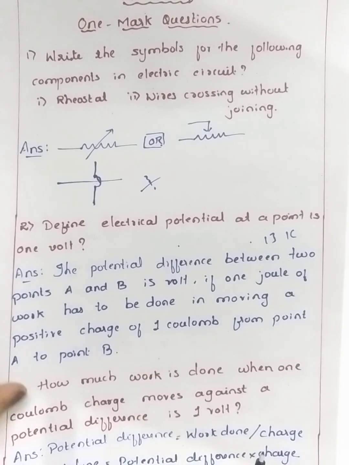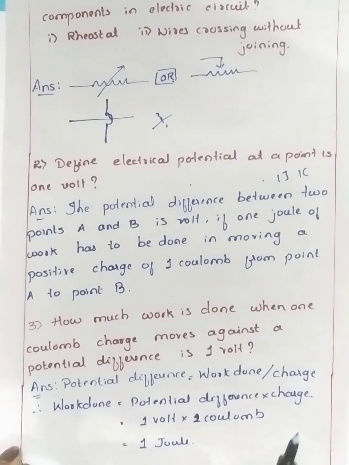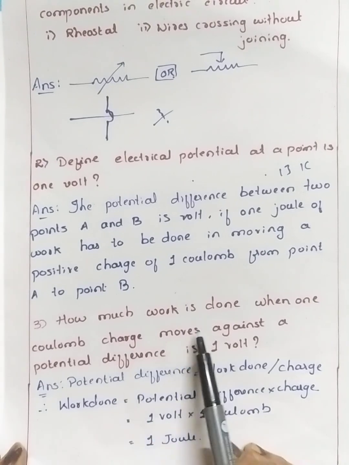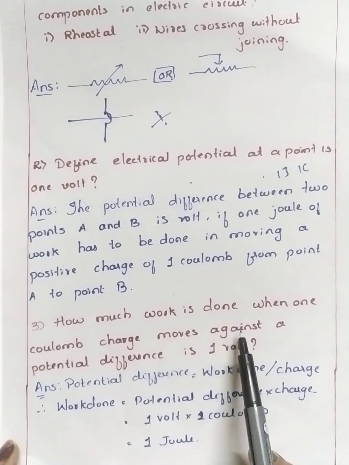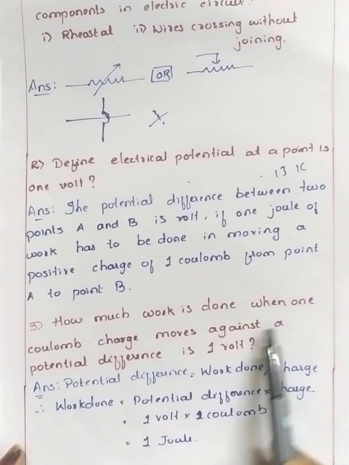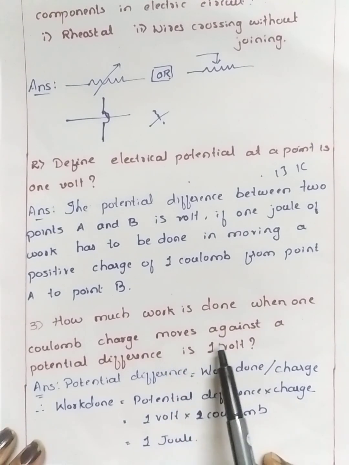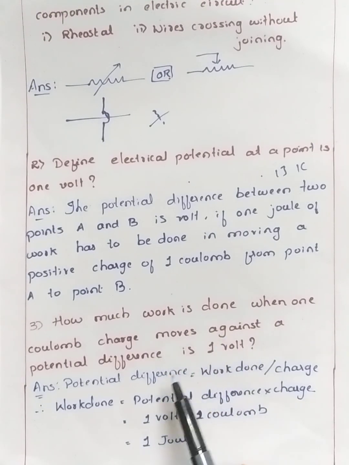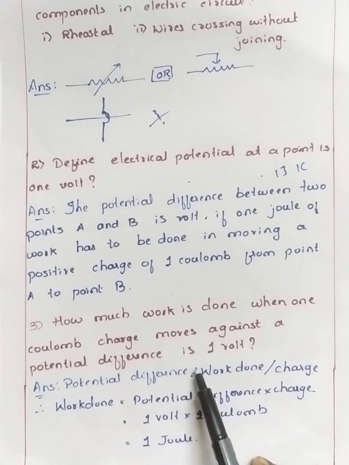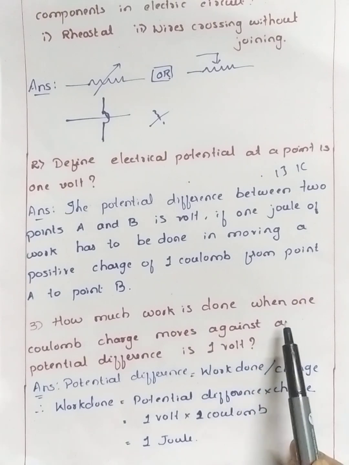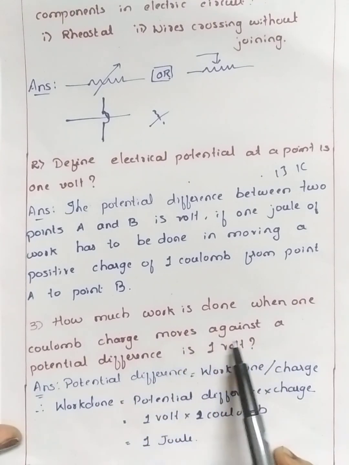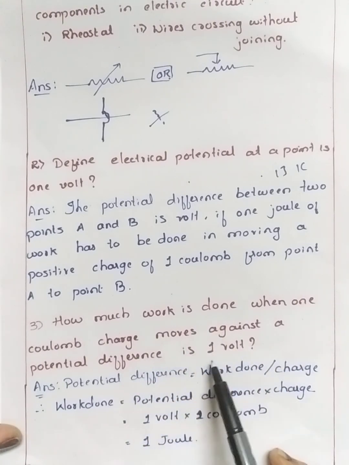These are all 1 mark questions, very important. Note them down. Third question: how much work is done when 1 coulomb of charge moves against a potential difference of 1 volt?